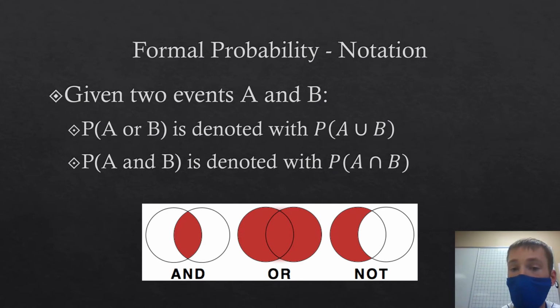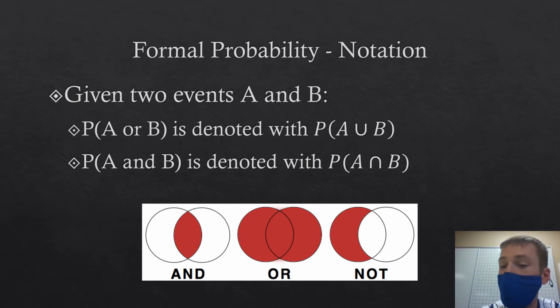So that's the probability of A or B. Whereas if we want the probability of A and B, that is denoted with an upside down U, probability of A and B. And if you're familiar with Venn diagrams, you probably know that AND is the intersection of the two circles in our Venn diagram, whereas OR is the union of both of them.